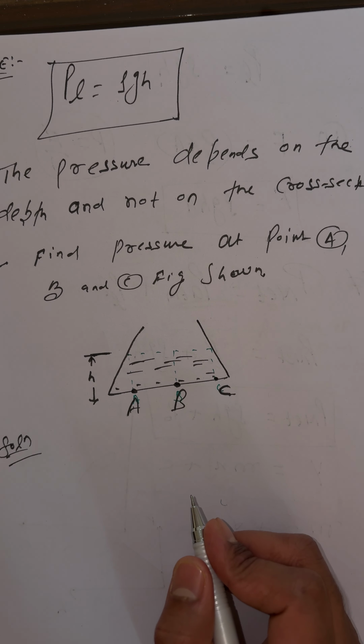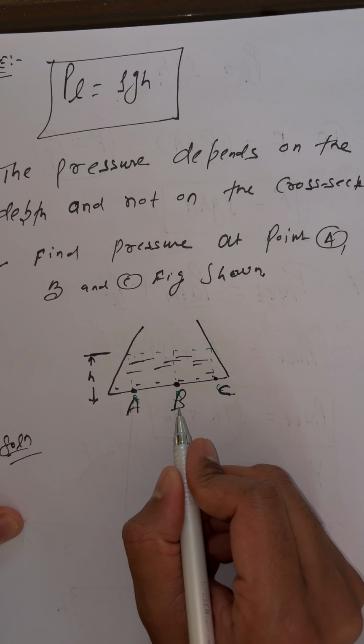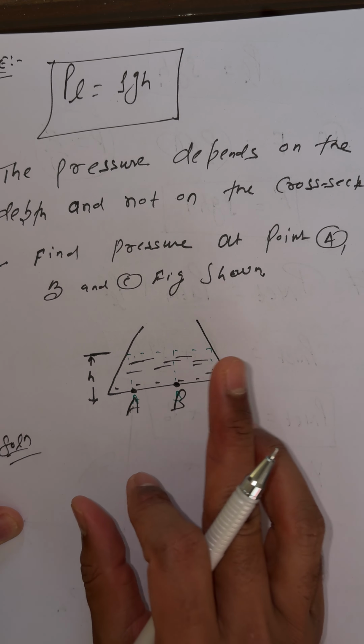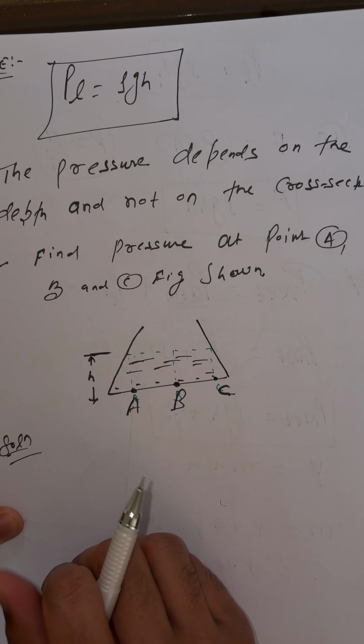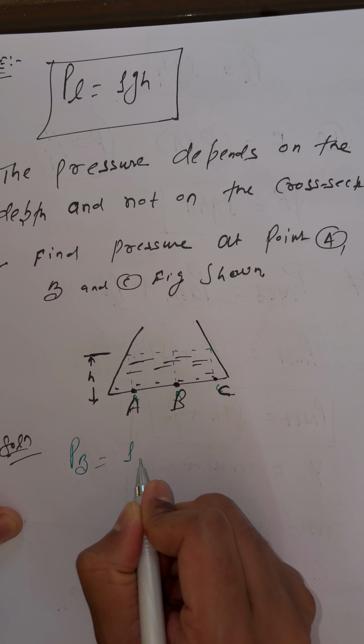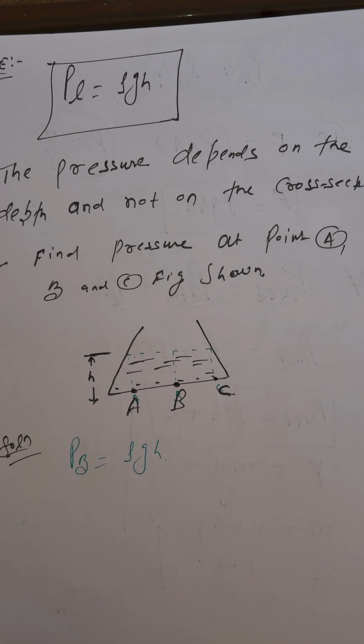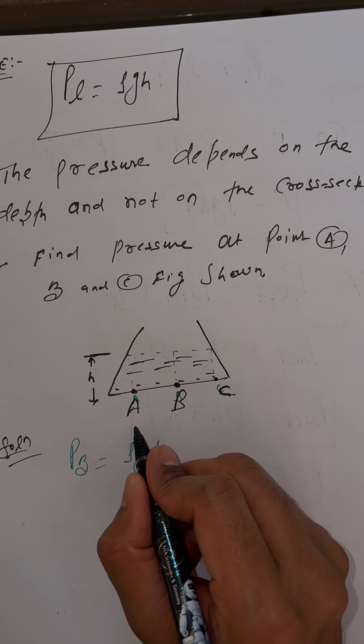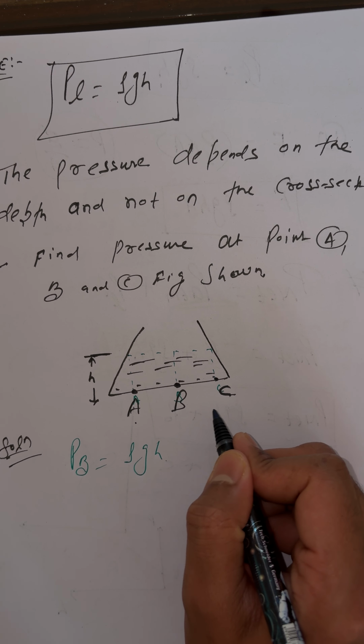For this condition, pressure at B, no doubt, it's open to atmosphere, is rho g h. Similarly, pressure at A and C is rho g h.